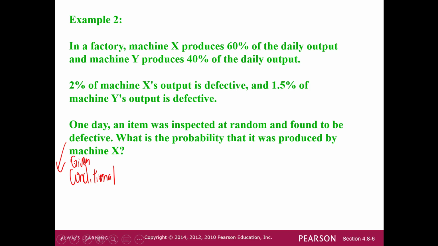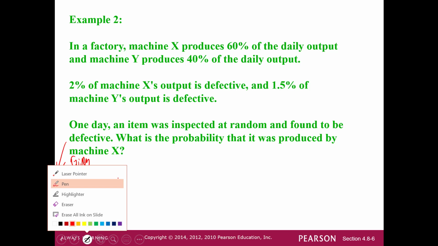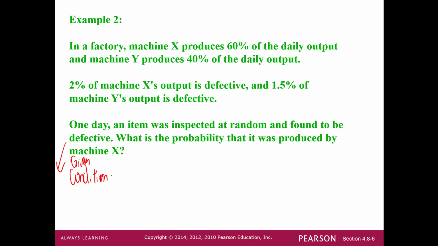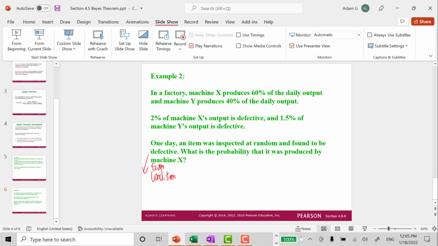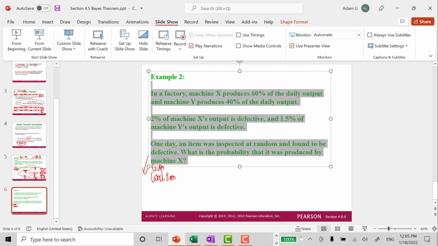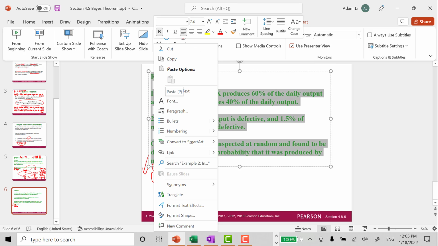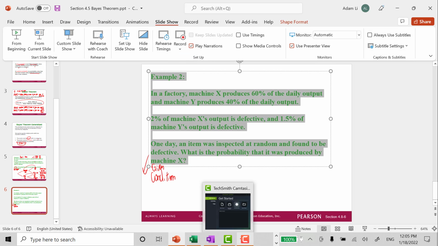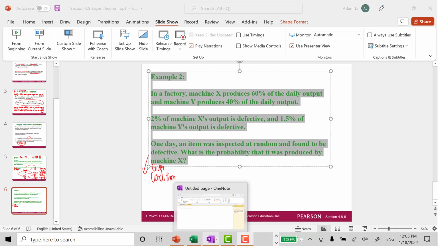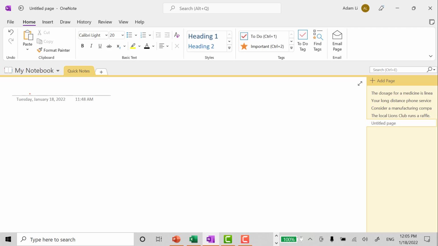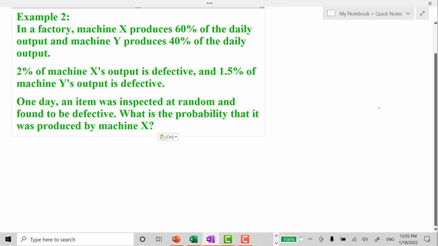Okay, so let me show you the details. First, let's draw the tree diagram.